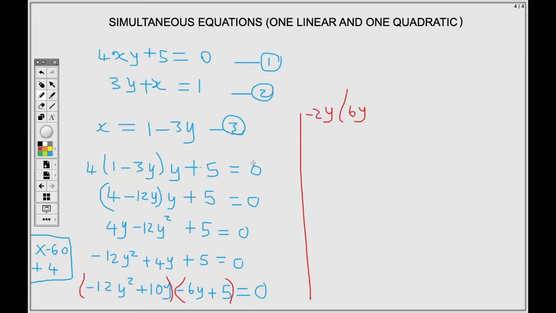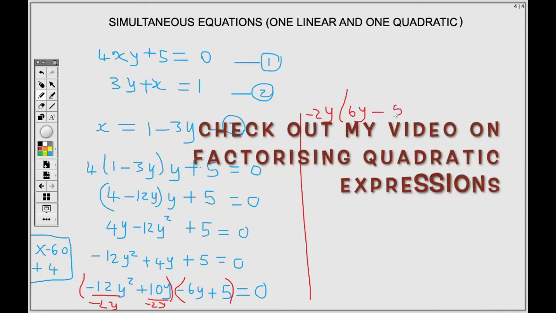Just showing you properly, we divide by minus 2y, so that cancels to give you 6y. If I divide also the 10y by minus 2y, 10 divided by negative 2 will give us negative 5, and then the y's would cancel. Again, I have a video showing this in more detail on factorizing quadratics.